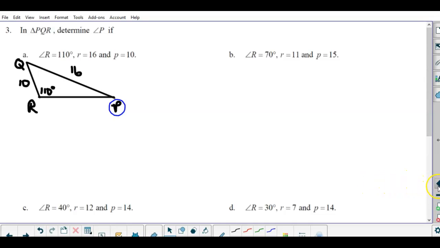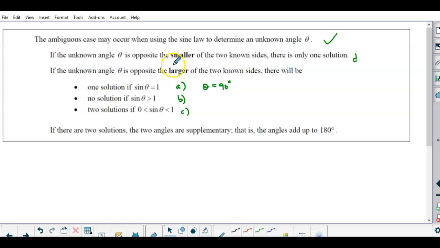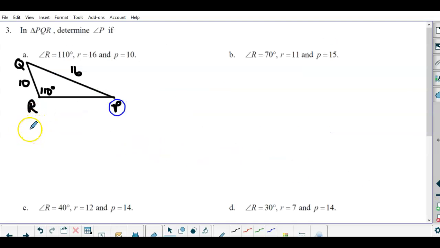If it was in the chart there, if it's opposite the smaller, there's just one solution. But in any case, you can just do your sine law. So sine of P over 10 equals sine of 110 over 16. If you want to go straight to your sine of P ratio, you can.